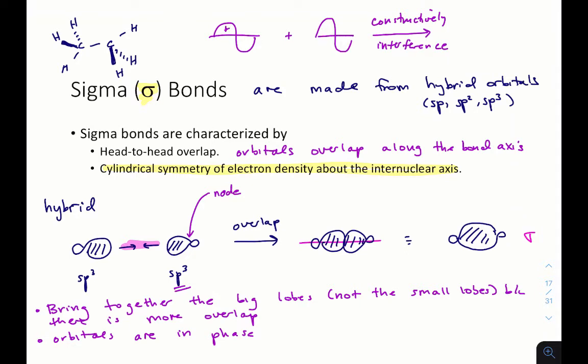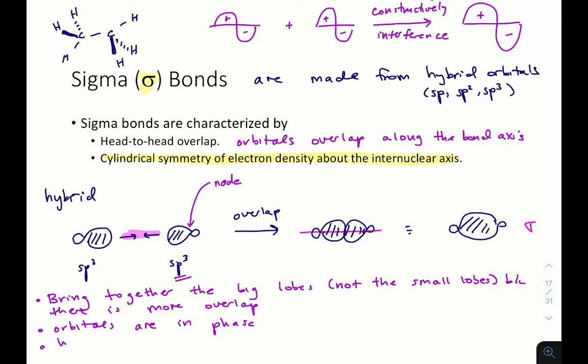So we're going to add the plus lobe with the plus lobe and the minus lobe with the minus lobe. They will constructively interfere. Look at that, a new wave. Okay, so that's what I mean by in phase. These two waves constructively overlap to make a new wave rather than cancel each other out. And that's what's shown here. So the shaded lobes constructively overlap.